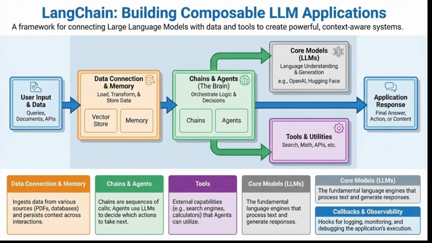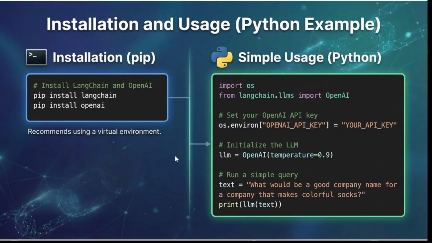From how user input is processed, as you see here, through data connections, and after the data connections it goes to memory. So it is the logic of chains and agents. It provides a complete framework for building powerful context-aware AI applications. Think of it as a central nervous system that orchestrates all the different capabilities of your LLM applications.